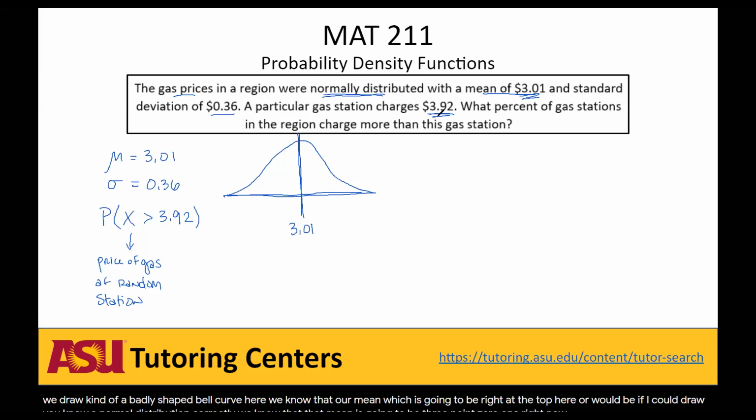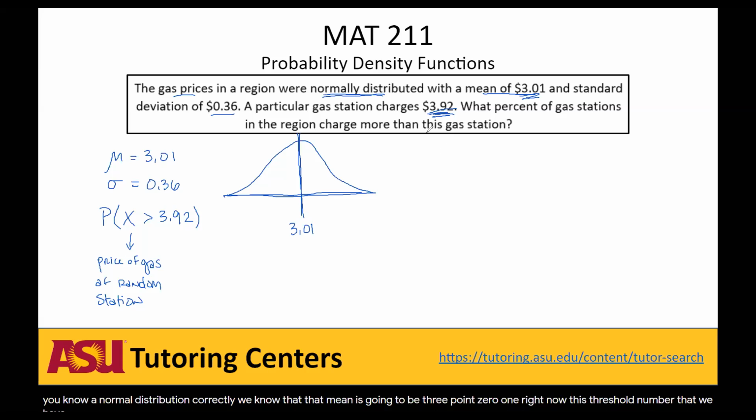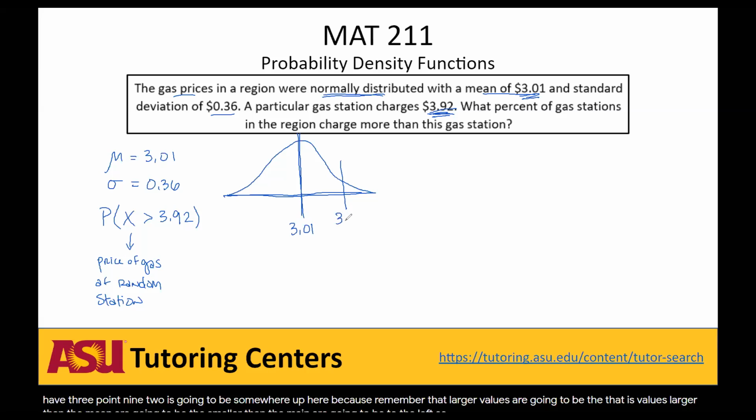Now, this threshold number that we have, 3.92, is going to be somewhere up here, because remember that values larger than the mean are going to be to the right, whereas values smaller than the mean are going to be to the left. So we have 3.92 somewhere up here. We don't know exactly where yet, but we'll figure that out.